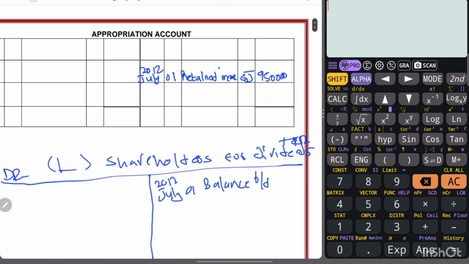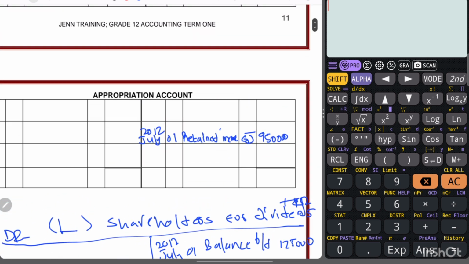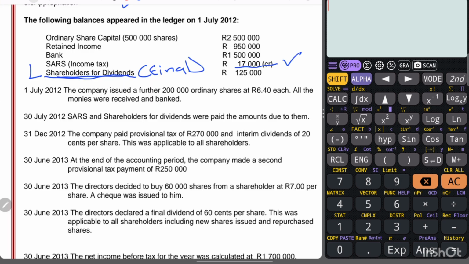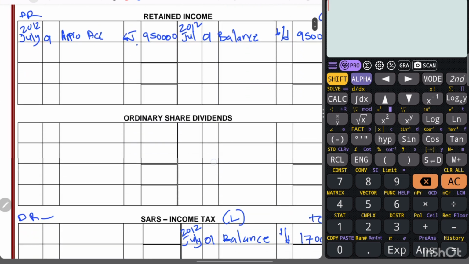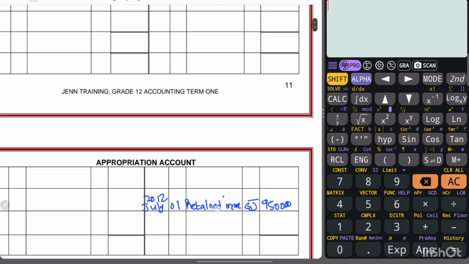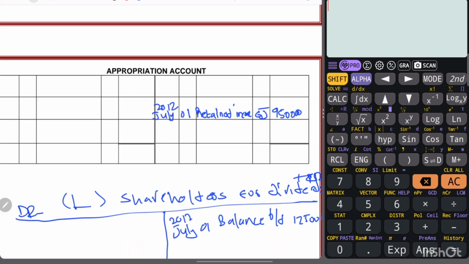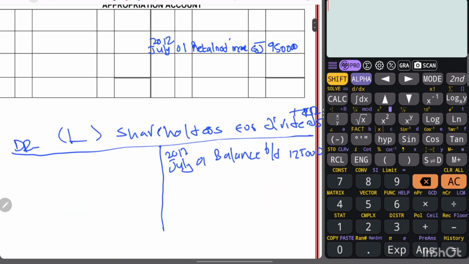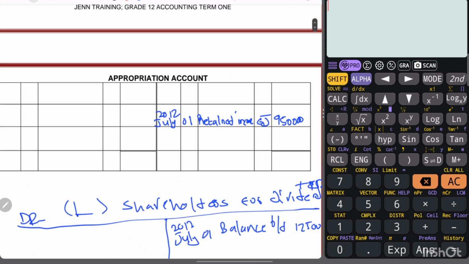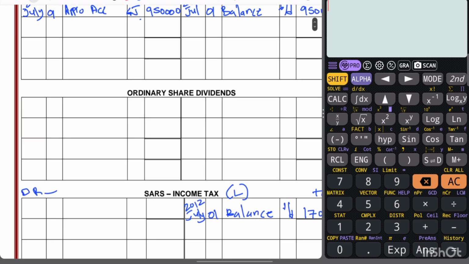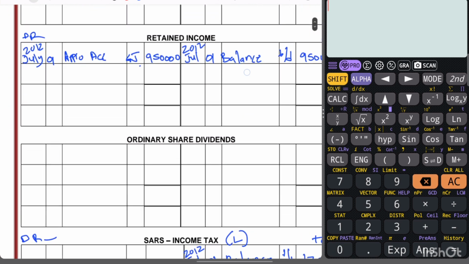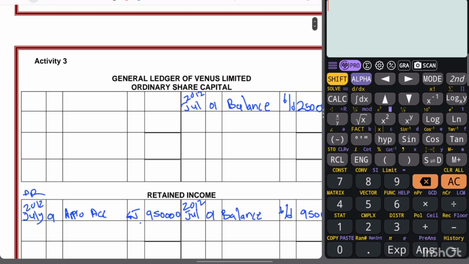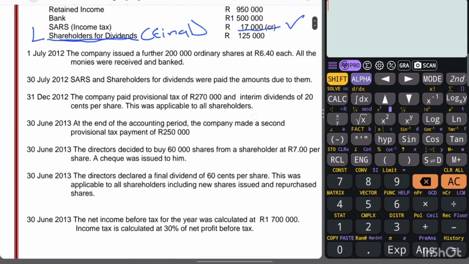How much are we owing? I think it's 125,000. All right. Now we are done with recording all our balances. Then we can now continue with the information that we are given.